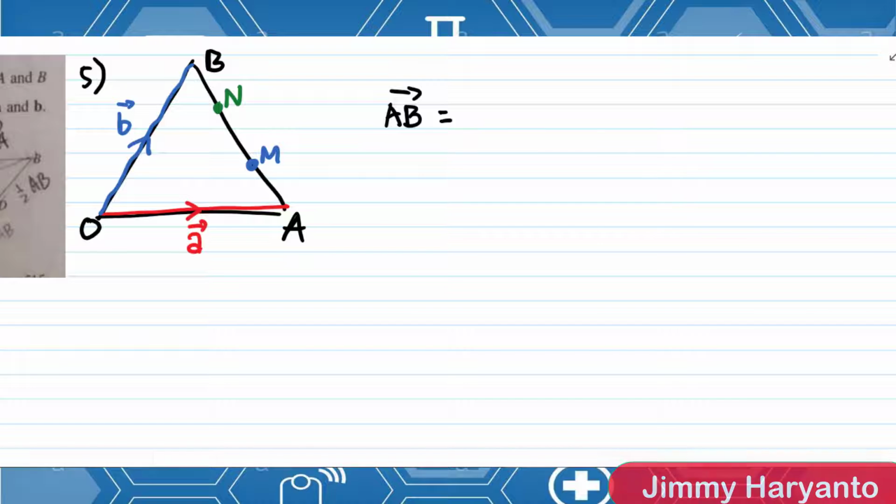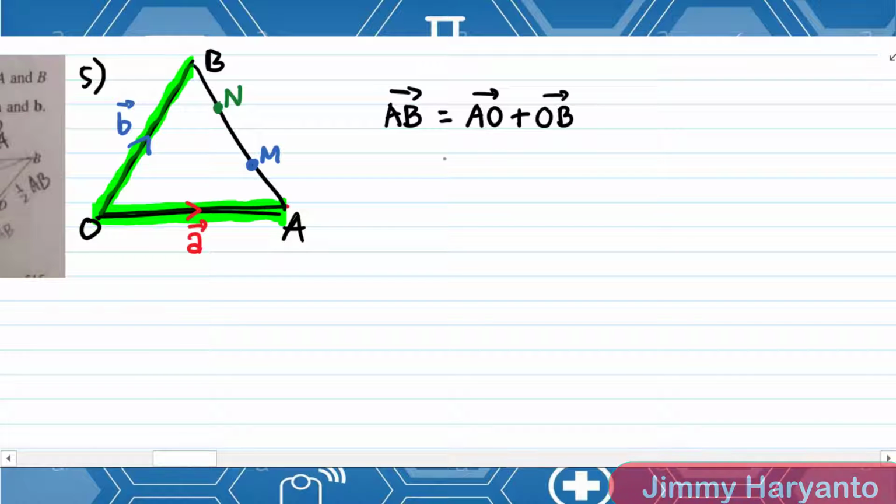To find vector AB, I have to move from A to B. So I will move from A, go to the left, and then go up until I reach B. Because I move to the left, the formula will be AO, and then plus, go to the top, OB. AO plus OB.